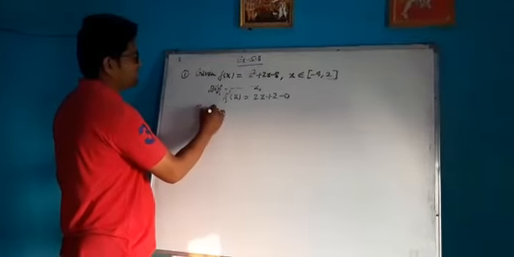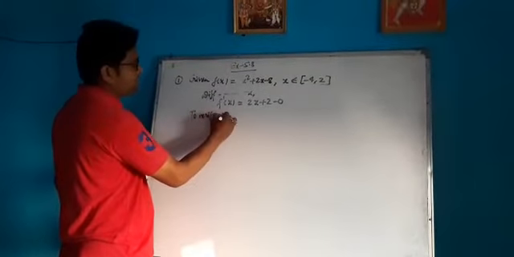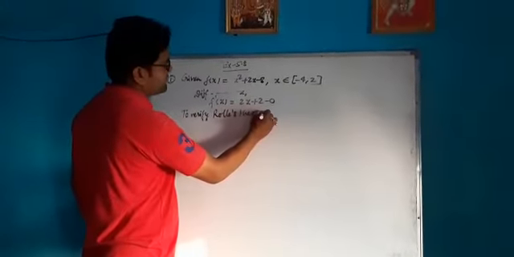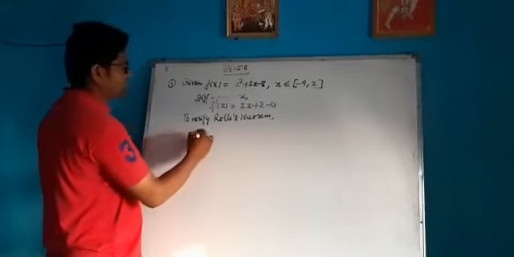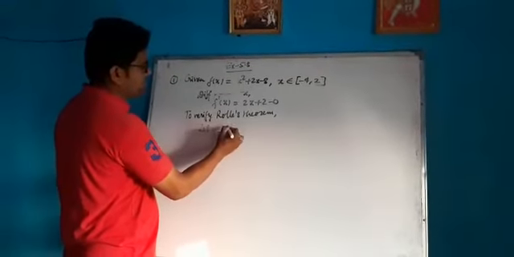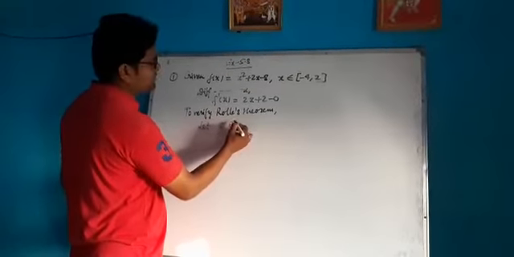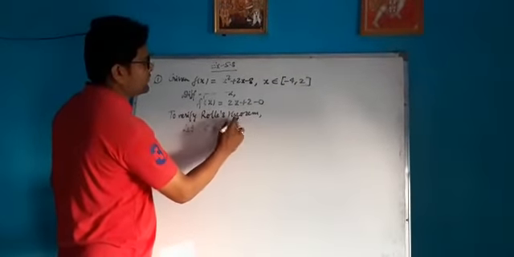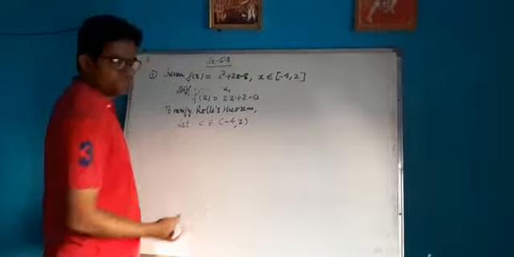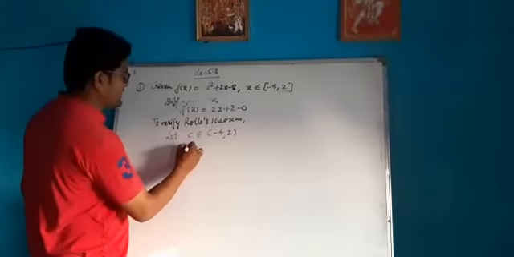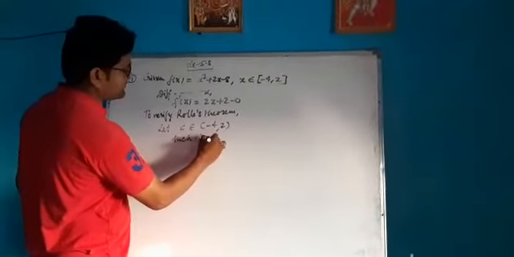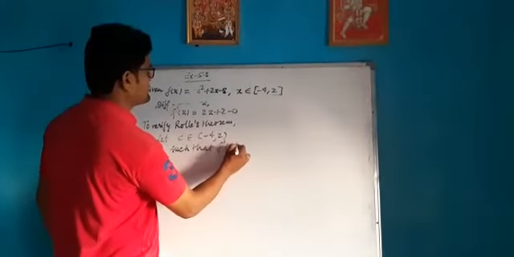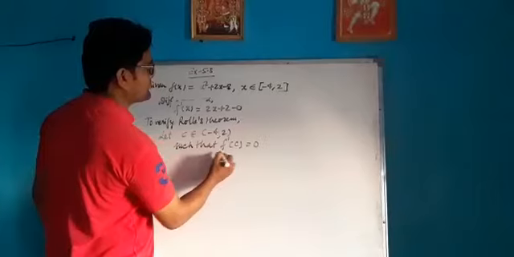So to verify Rolle's theorem, let c belong to the open interval minus 4 to 2 such that f dash c is equal to 0.